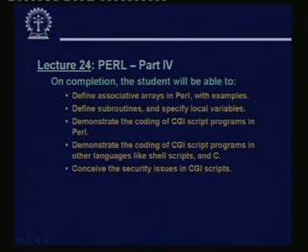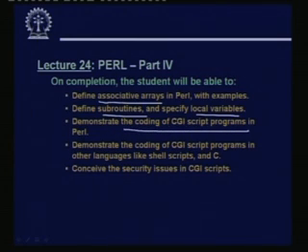In lecture 24, we are continuing with PERL part 4. Here we talked about associative arrays, subroutines, and local variables, and with all these things we explained the coding of complete CGI script programs using PERL.